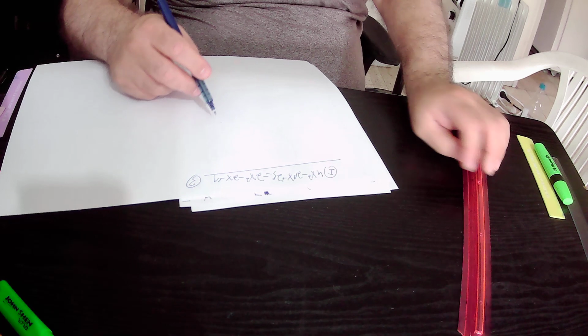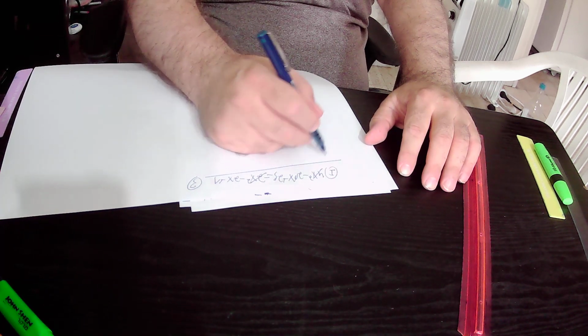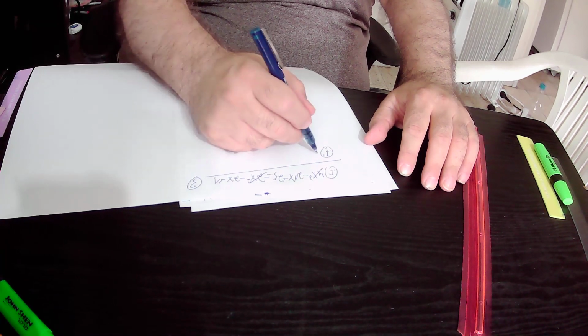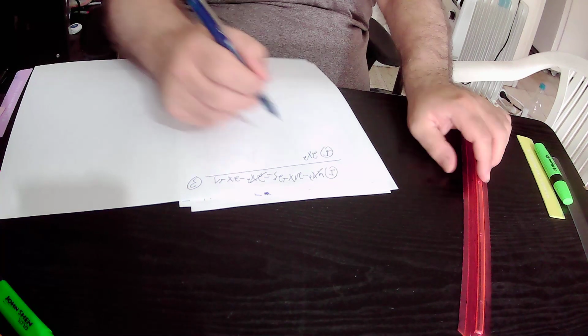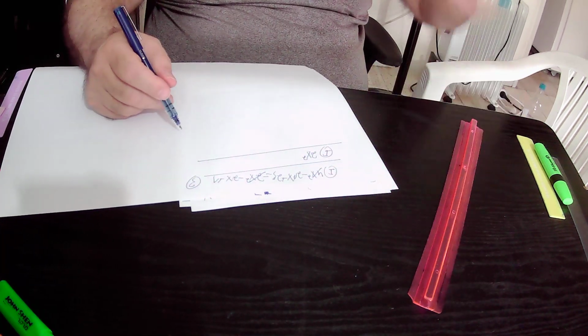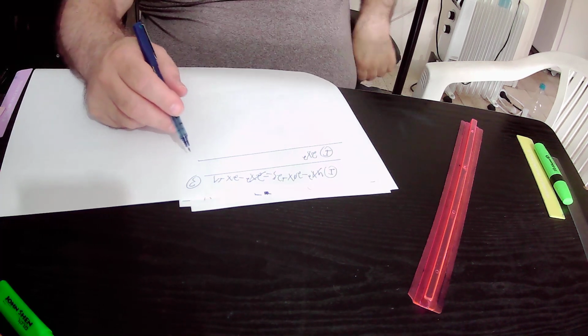So we subtract 2x squared from this equation, and we get that 4x squared minus 2x squared is 2x squared. We'll also add 2x to this equation.